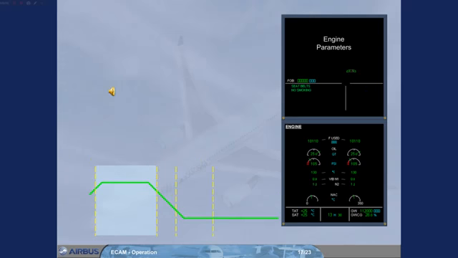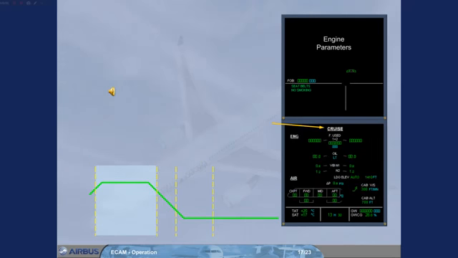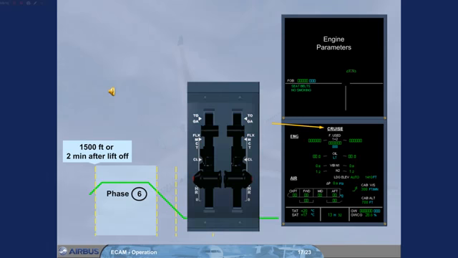The Ecam cruise page replaces automatically the engine page when the aircraft is in phase 6 or takeoff power is not maintained.